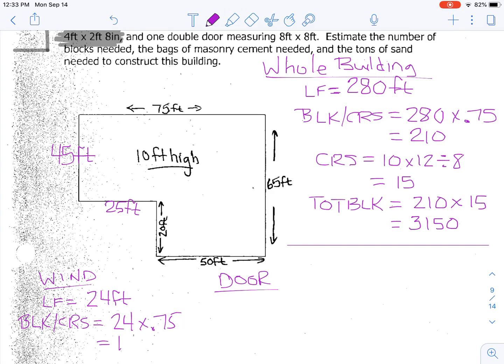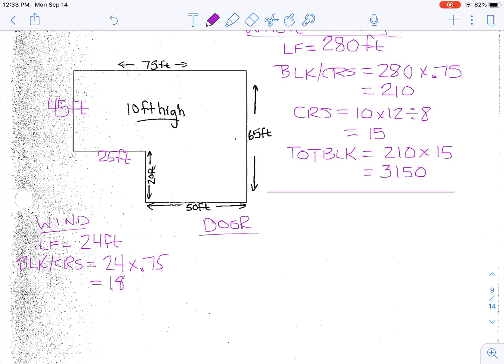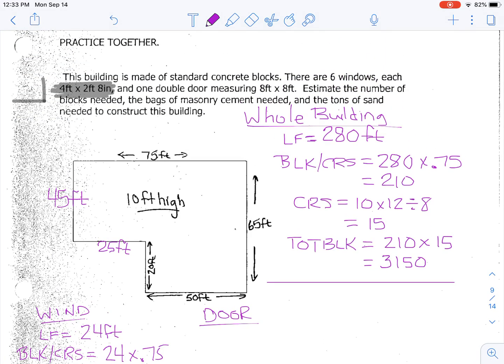So we've got 18 block in a course for all the windows together. And how many courses are we going to need? So to do courses in the window, you need to take 2 feet 8 inches and turn it all into inches. So if we think about it, we can figure it out. 2 feet, there's 12 inches in a foot.